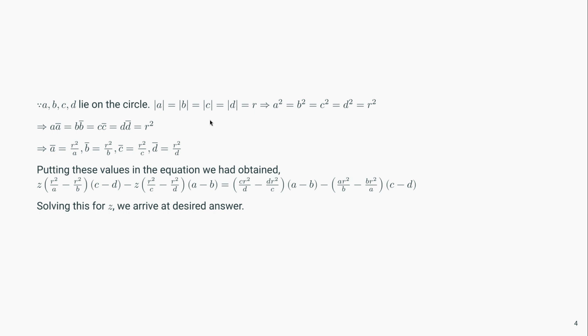So we can further say that a bar is equal to r square by a, b bar is r square by b, and so on. Now we have found a bar, b bar, c bar, d bar. So we substitute in the previous equation we have obtained, and we arrive at this equation. Now it's just a matter of solving for z and we will have the desired answer.